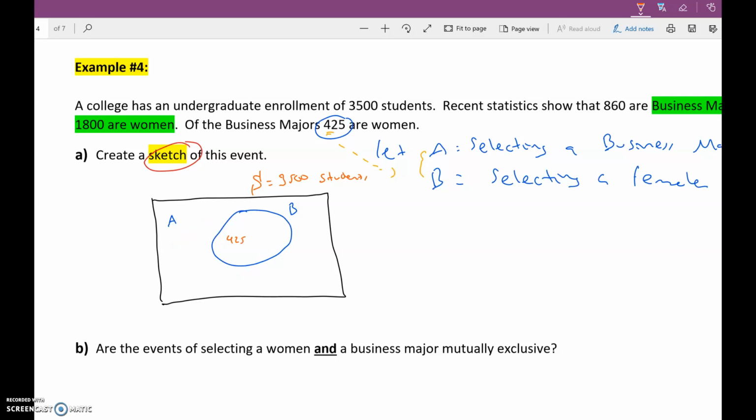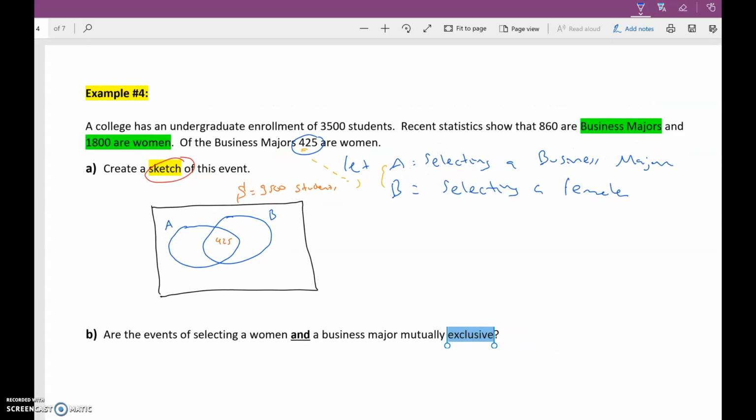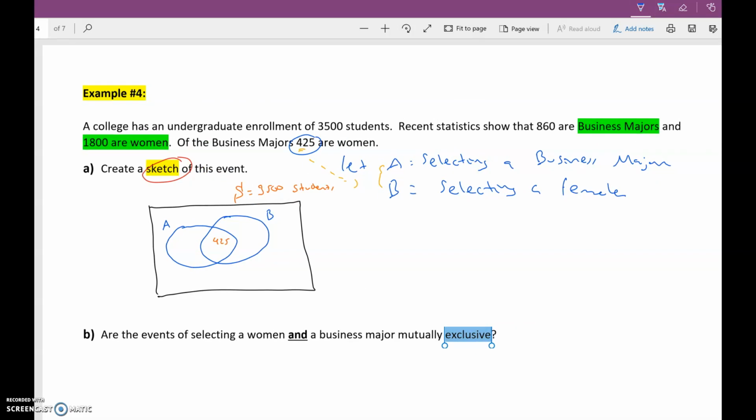I don't like the circle. Okay, so let's take a look at the total for A. And we said that A is your business majors. So your business majors as a total are 860. So that represents A. So the circle for A, in this case, is this circle. Total has to be 860.